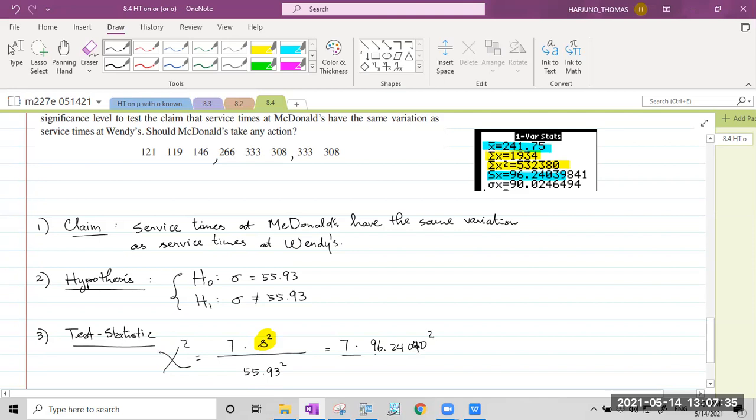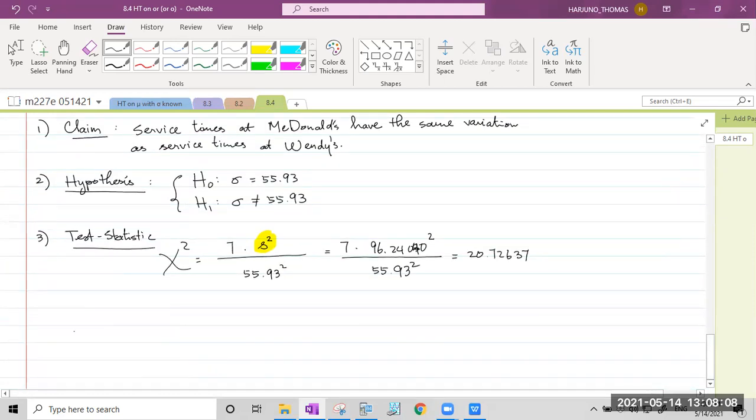Don't forget to square it, over 55.93 squared. Okay, 7 times 96.24040 squared over 55.93 squared. I get 20.72637.